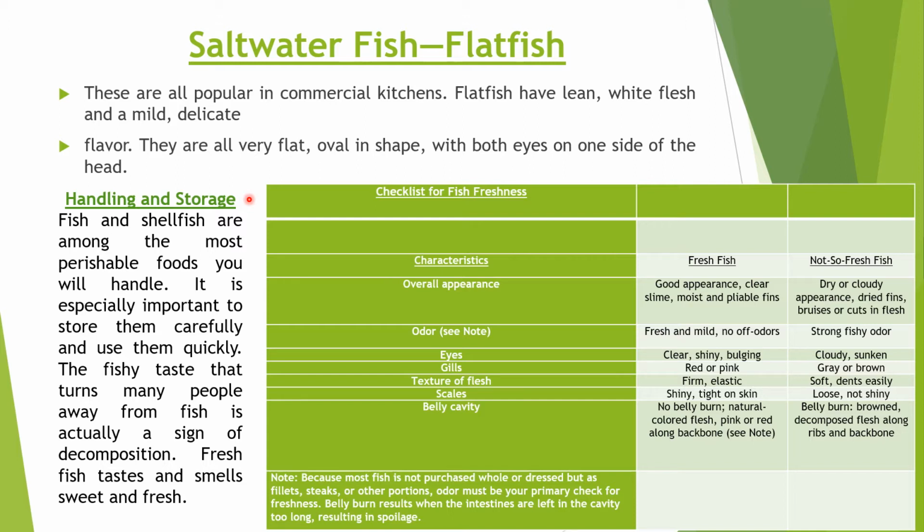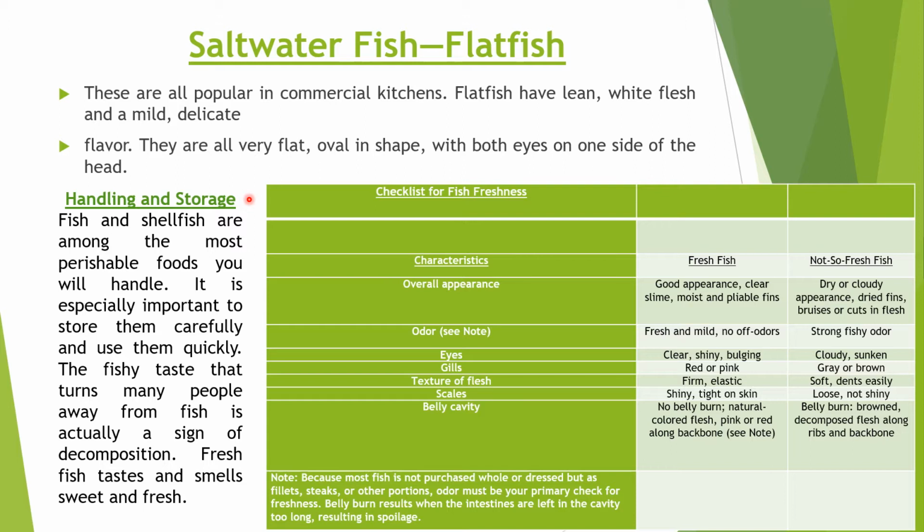So over here we have a table with a checklist for fish freshness. We have the characteristics, fresh fish and non-fresh fish. The overall appearance of fresh fish is good, clean, slimy, moist, and palatable fins. When it is not so fresh, it has a dry or cloudy appearance, dry fins, and the gills are cut in flesh.